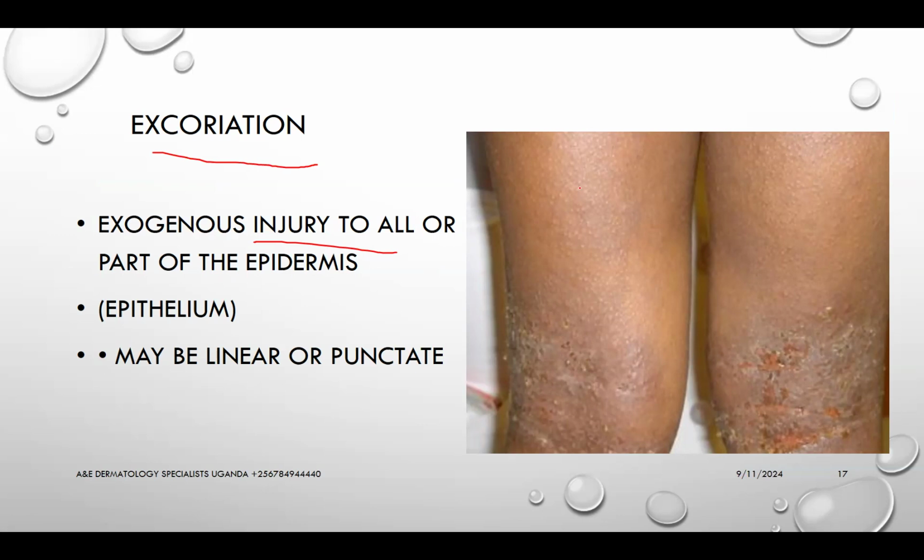Linear is just if you have a line of a scratch mark like this. Punctate is if we have areas of epidermis loss that are pinpoint like that shading I've done. So that will be linear. Then if it is in that arrangement, it will be punctate. So linear, punctate, linear, punctate.